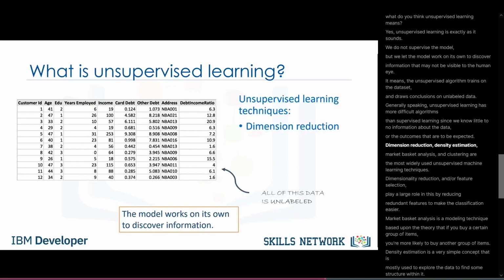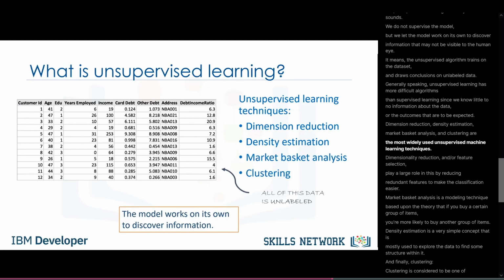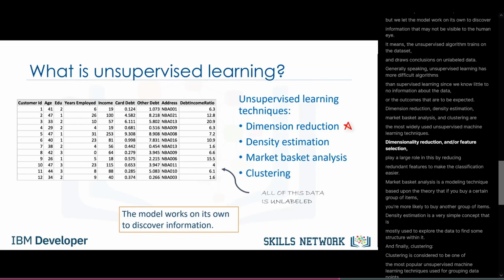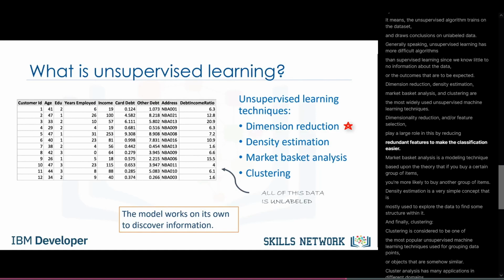Dimension reduction, density estimation, market basket analysis, and clustering are the most widely used unsupervised machine learning techniques. Dimensionality reduction and/or feature selection play a large role in this by reducing redundant features to make the classification easier.